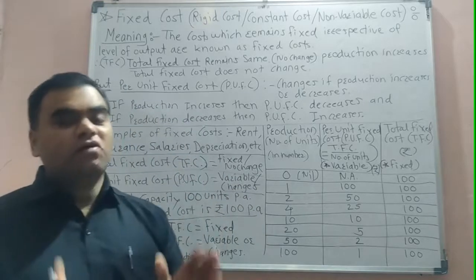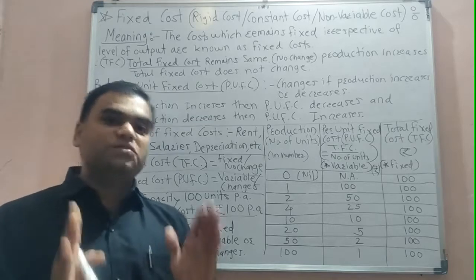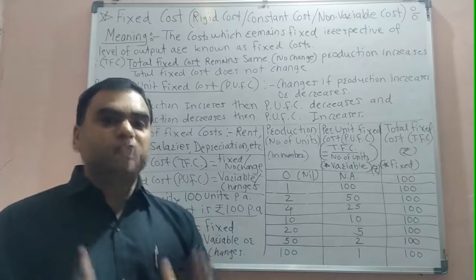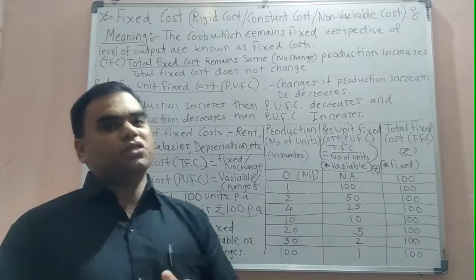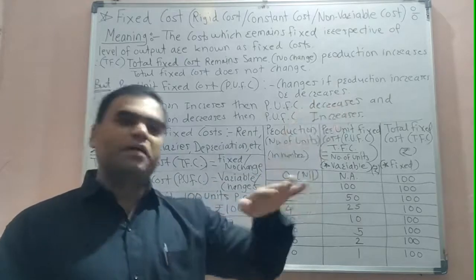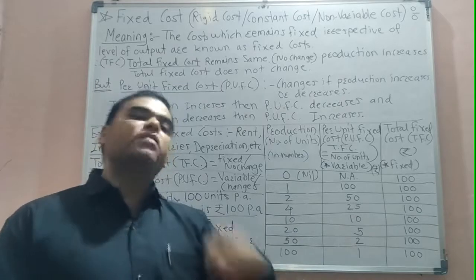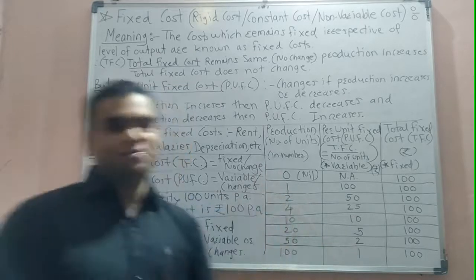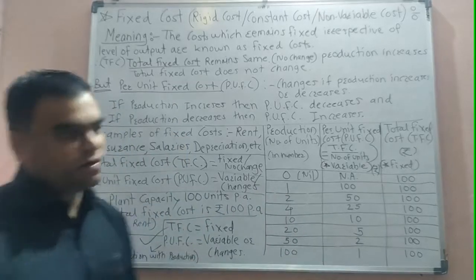In short, fixed cost means the cost which remains fixed, which doesn't change with the change in the volume of production. If your production volume increases, it remains fixed. If your production volume decreases, even then fixed costs remain the same. That's why such costs are known as fixed costs.